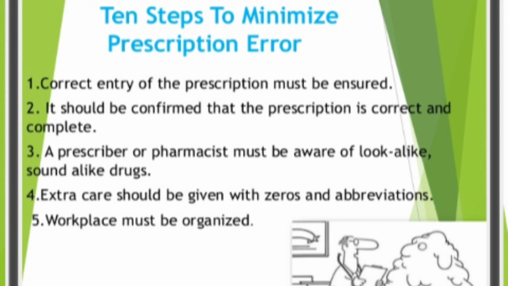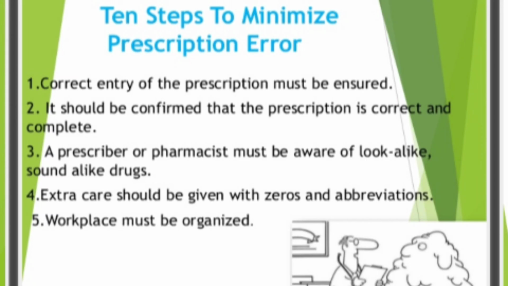Then different steps to minimize prescription error. First one is correct entry of the prescription must be ensured, and second, it should be confirmed that the prescription is correct and complete.